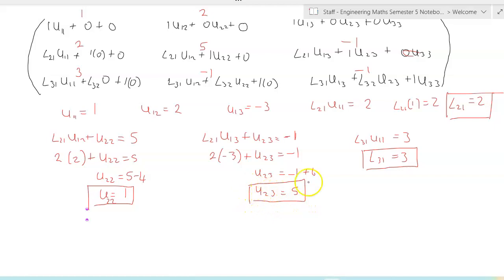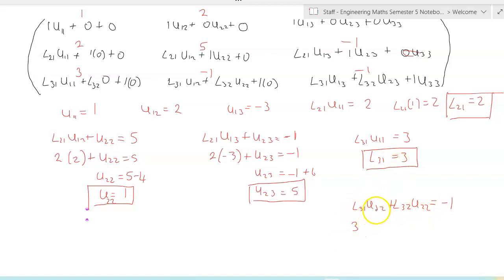Okay, I'm going to squeeze this equation in here just so you can get it all on the one screen. So this equation now we're at here is this one that equals -1. So we have L31 times U12 plus L32 times U22 plus nothing equals -1. L31, we've got that as 3.